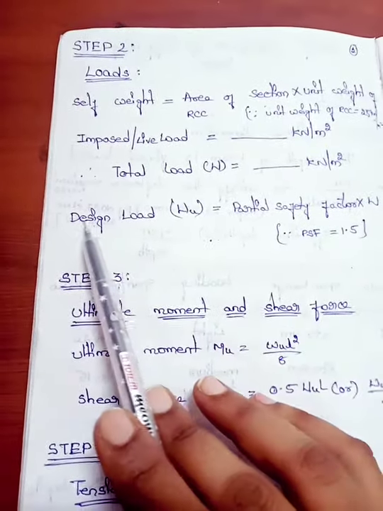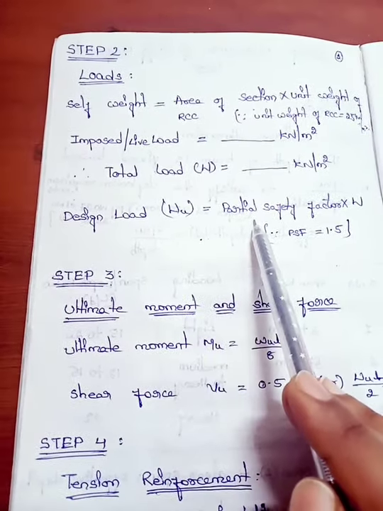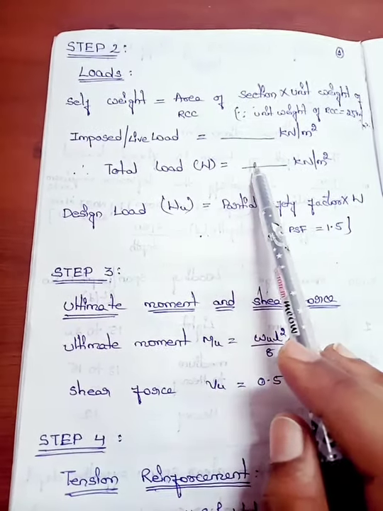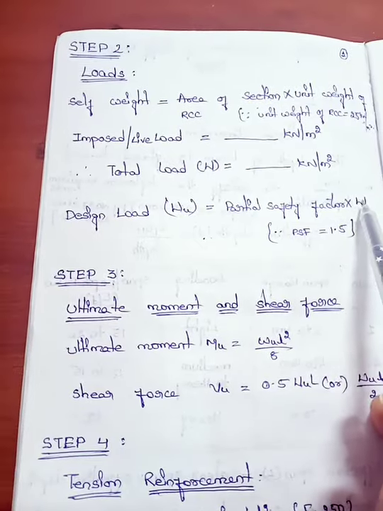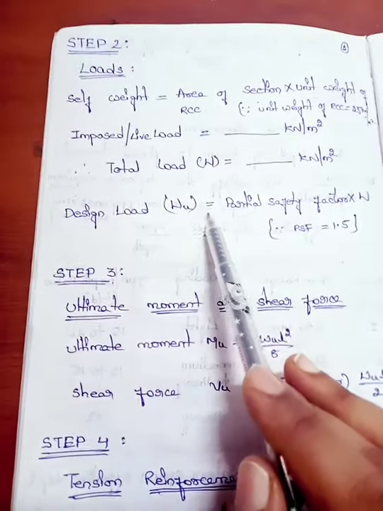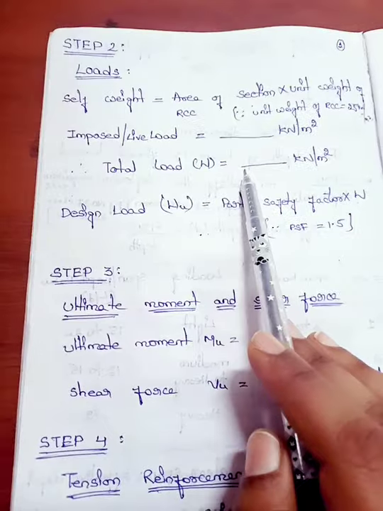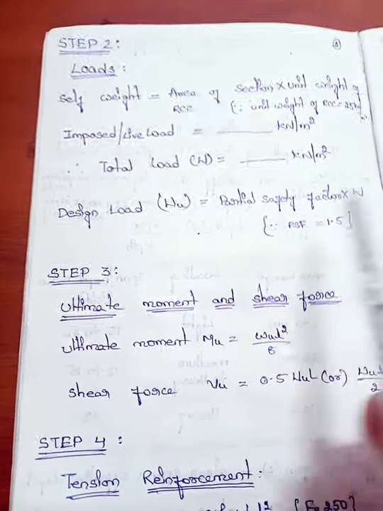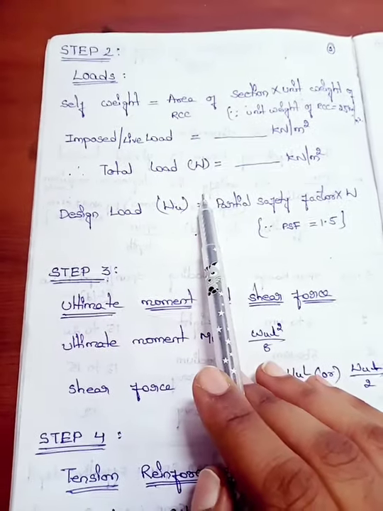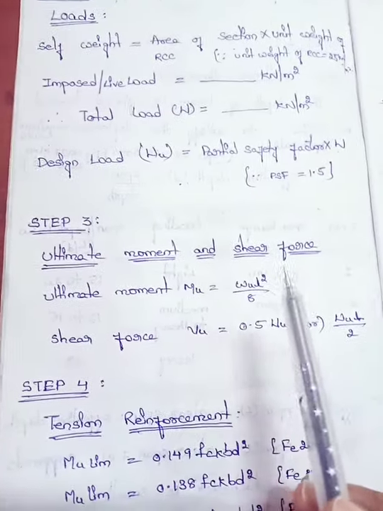The design load or factored load, WU, is given by the partial safety factor into W. So W, whatever we have calculated in the previous step, multiplied by 1.5, the partial safety factor, will give the factored load. After finding the loads, you need to find the ultimate moment and shear force.